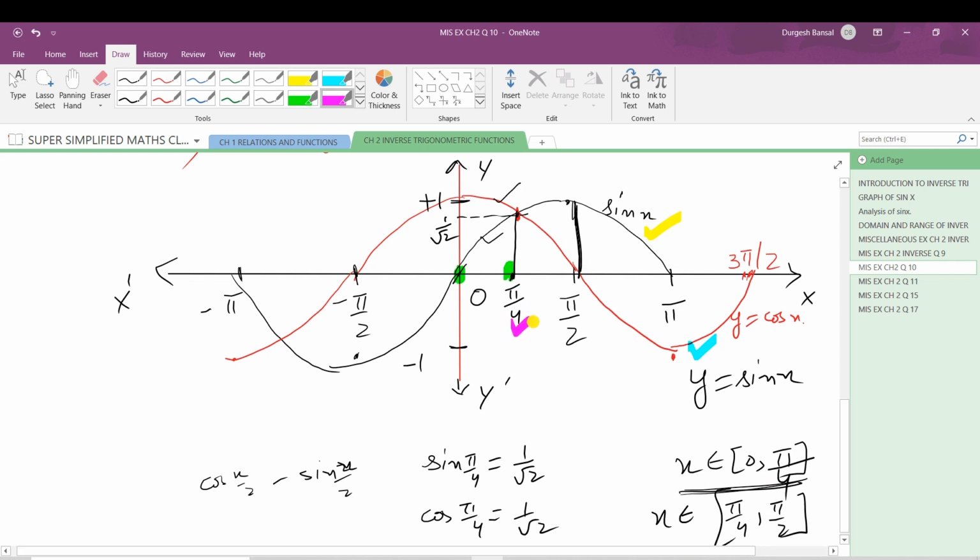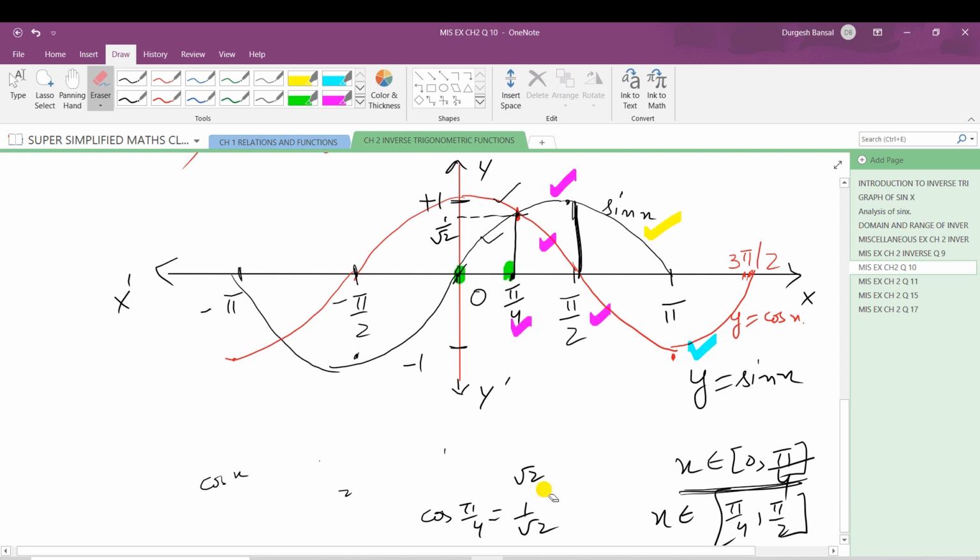You see, this is pi by 4 and pi by 2. In this range, you can see the black one is on the upper side and the red one is on the lower side. So what do we conclude from these two graphs? From 0 to pi by 4, the value of cos x is more than sin x, and from pi by 4 to pi by 2, the value of sin x is more than cos x.